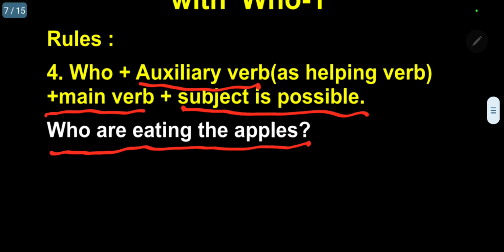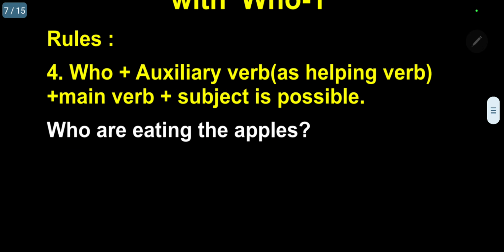So in this case, kindly follow, are is not acting as a main verb. It is only a helping verb, auxiliary, where eat is the main verb. So it is in the form of eating, present continuous. So these are the two common possibilities. You are able to raise questions.